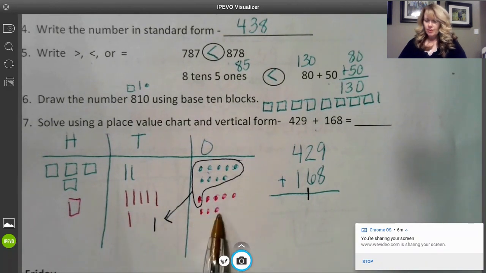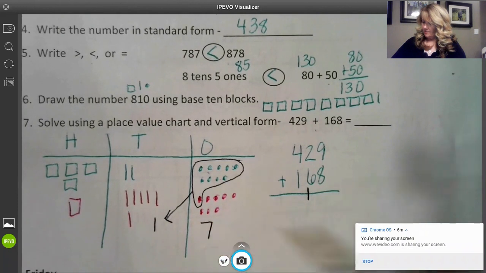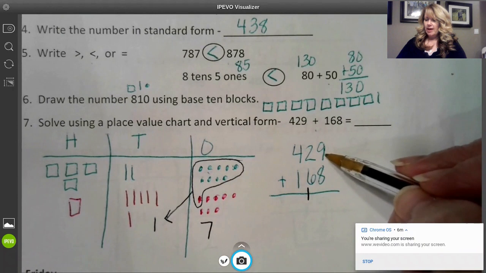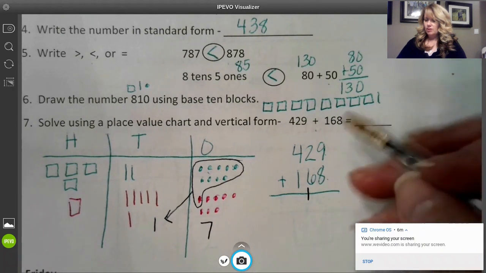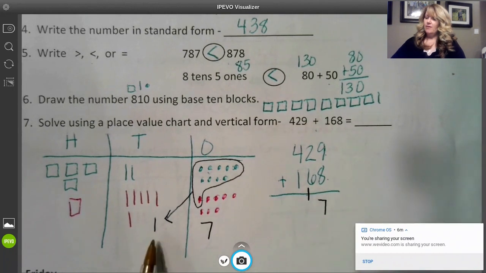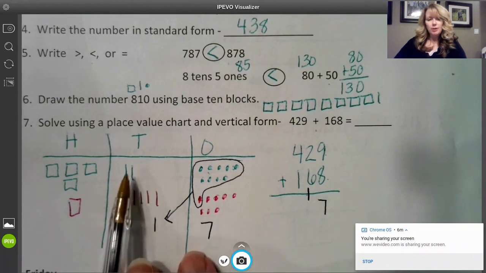So over here, I'm going to say that I moved a 10 over. I'm going to put it right there. How many ones do I have left? 1, 2, 3, 4, 5, 6, 7. Now, if I'm learning my facts and I say 9 plus 8, we should know that that's 17. So we have 7 ones and 1 ten. The 10 we moved over here.